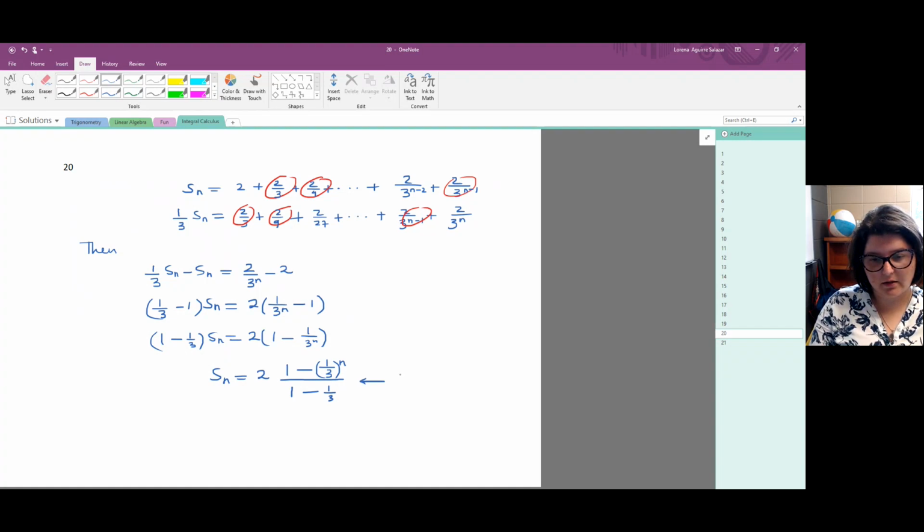This is the nth partial sum, not the nth term, of the geometric series that comes from taking a equals 2 and r equals 1/3.